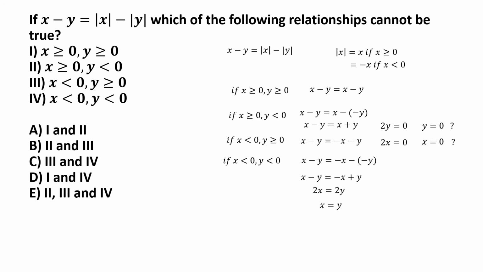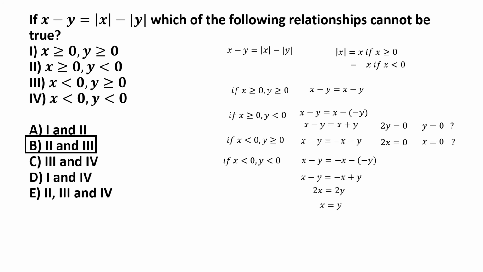So based on all of these findings, our conclusion is that the relationship in 2 and 3, the option B, cannot be true, meaning that no values of x and y in the domains given in 2 and 3 will satisfy the relationship x minus y equal to mod x minus mod y.